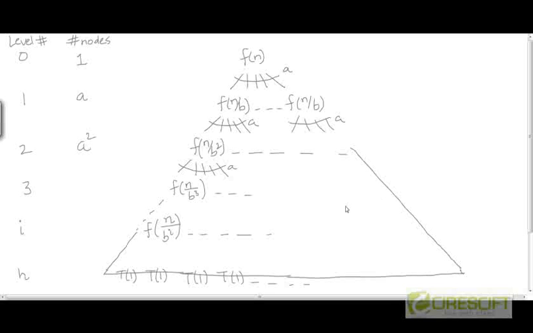So the number of nodes at level 3 will be A times the number of nodes at level 2. So the number of nodes at each level is going to go up by a factor of A. So at level I, we will have A to the power I nodes. And at level H, we will have A to the power H nodes.